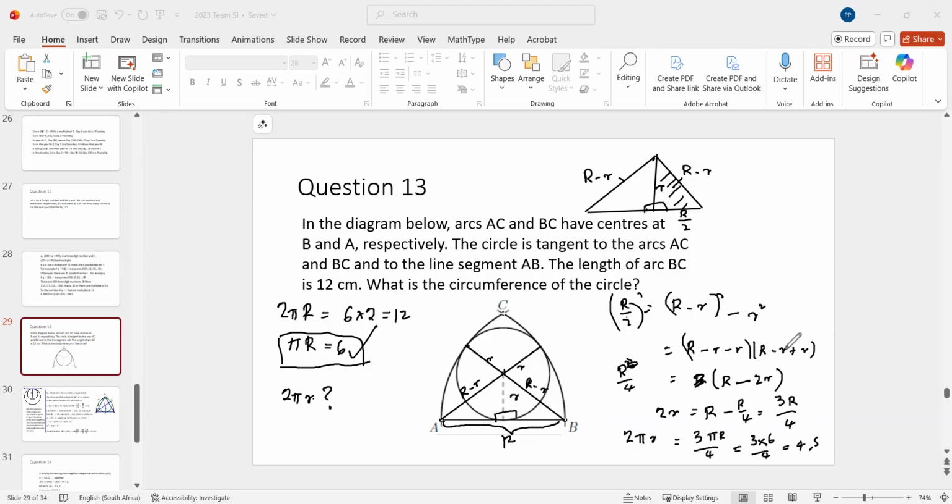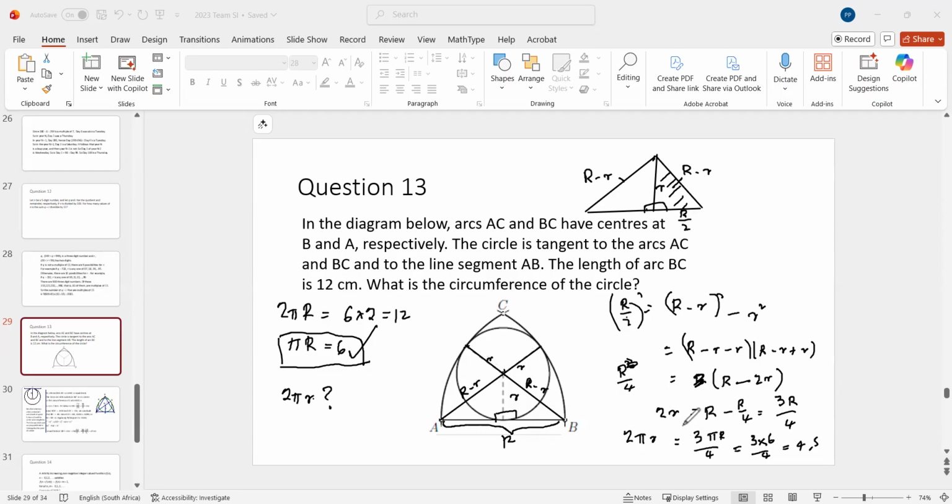So you have this minus this, which is R minus 2r, into that plus that, which is R. So R minus 2r cancels off with R squared over R over 4. And so you have 2r is equal to 3R over 4. And the circumference of the circle is 2 pi r.